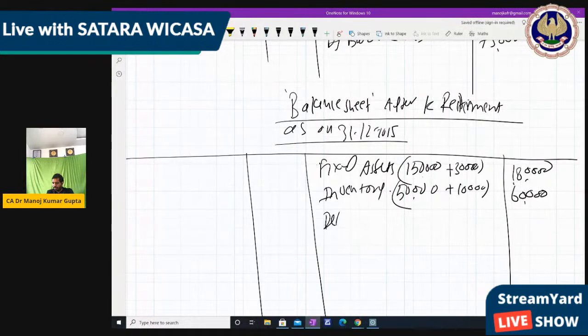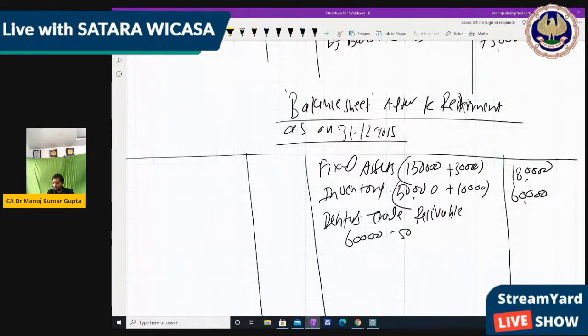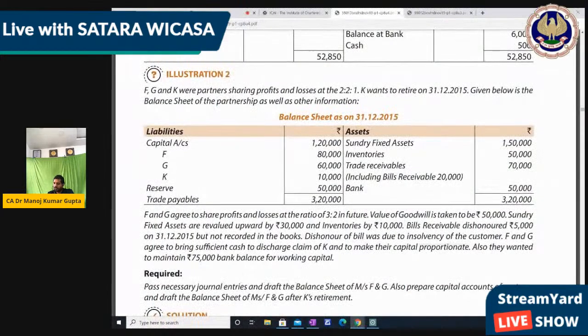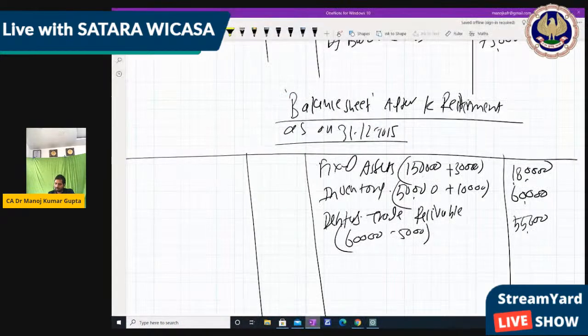Then debtors, or you can say trade receivable. These are 70,000 less 5,000 due to bad debts.